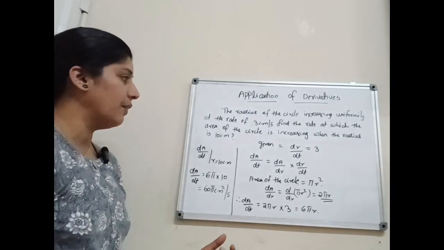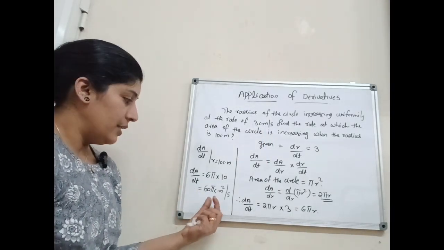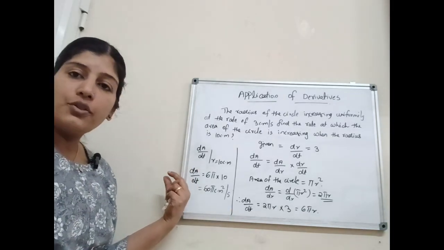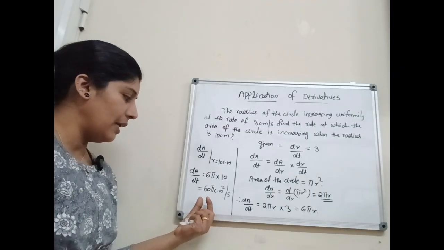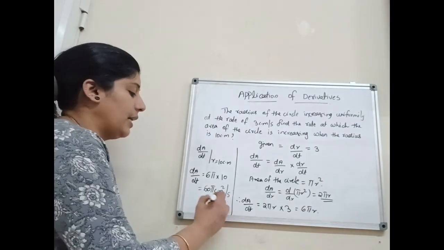The given unit is centimeter per second, and area is centimeter square per second. That is why we write dA by dt equal to 60 pi centimeter square per second.